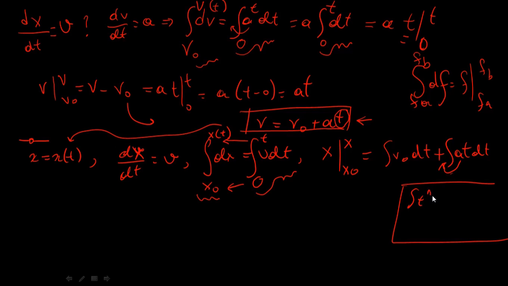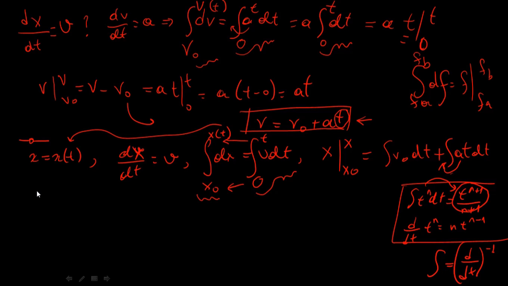Remember that the integral of powered parameters is the inverse operation of the derivative of parameters with power n. Since the first derivative of t to the power n is n times t to the power n minus 1, then the integral of t to the power n should be t to the power n plus 1 divided by n plus 1.